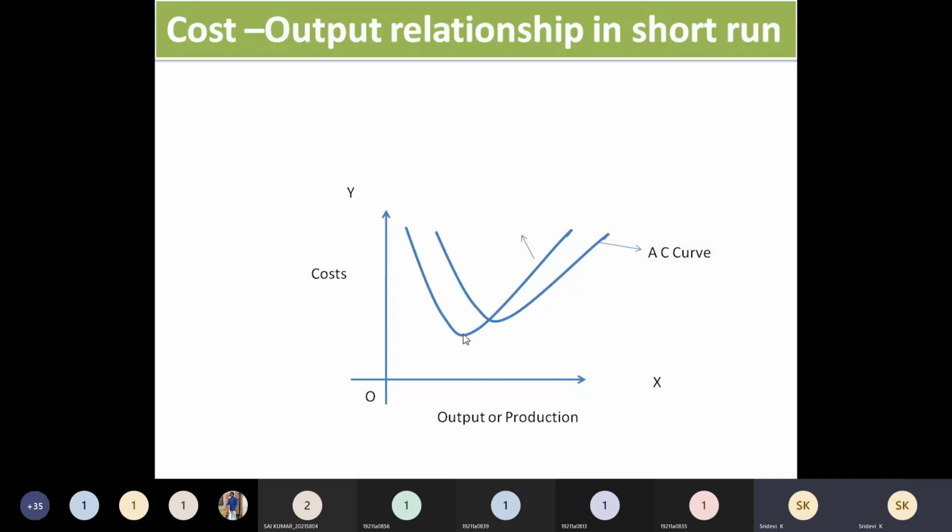To some extent, even though marginal costs are increasing, average costs are still decreasing, no? That is the reason the marginal cost curve will be somewhat to the left of the average cost curve.